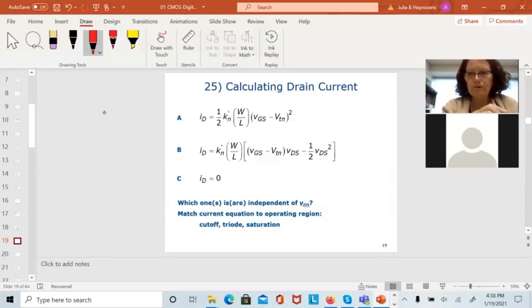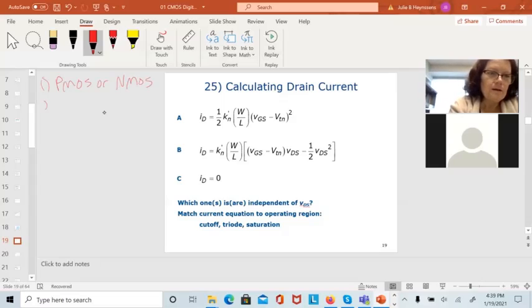Okay, now we want to calculate the drain current. First thing we have to do: is it PMOS or NMOS? That's number one. Label the terminals: body, source, gate, and drain.